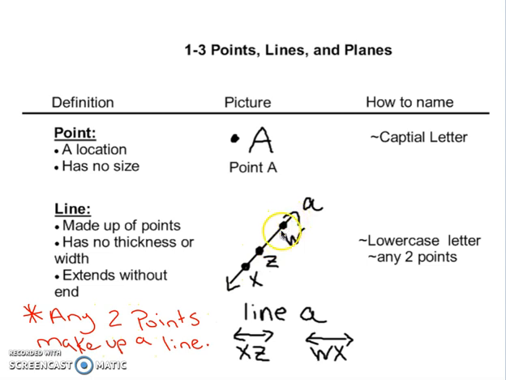You can see here, this would be called line A. The line is represented by a lowercase letter, and it has 2 points.